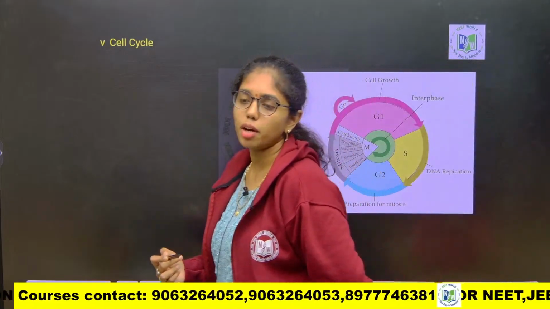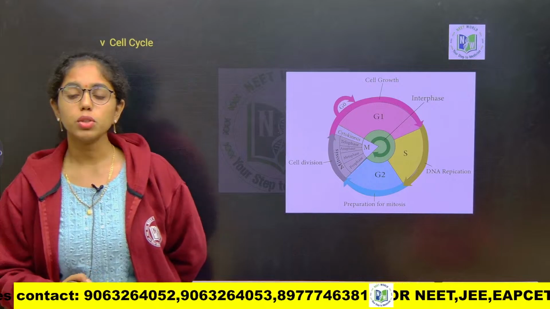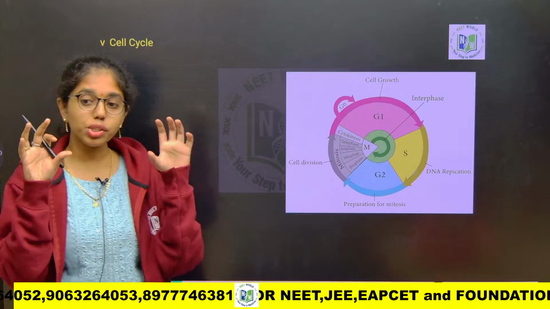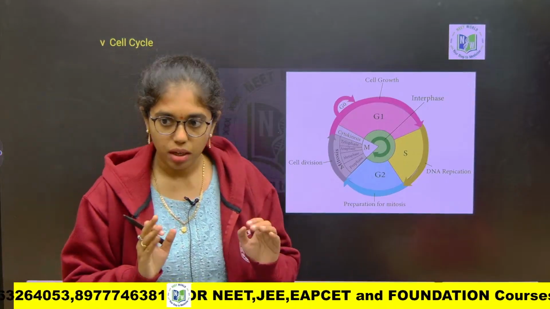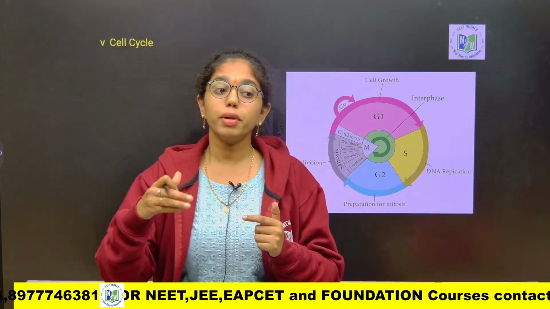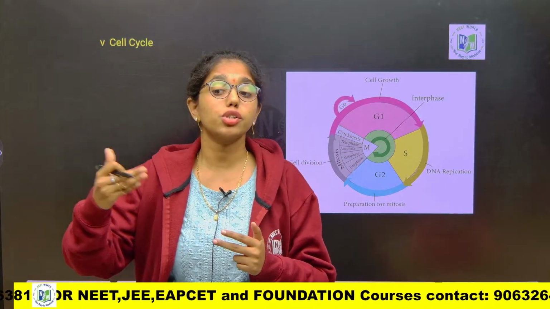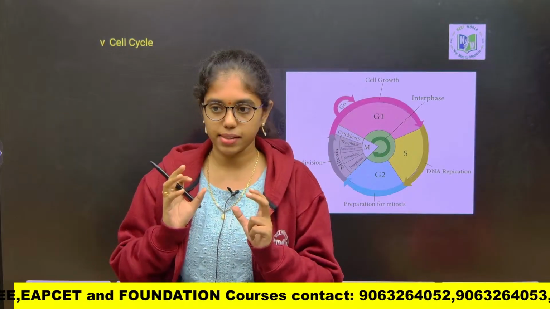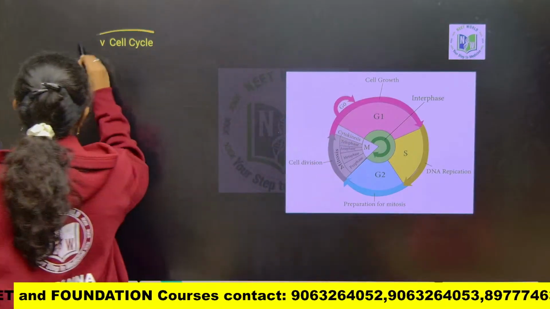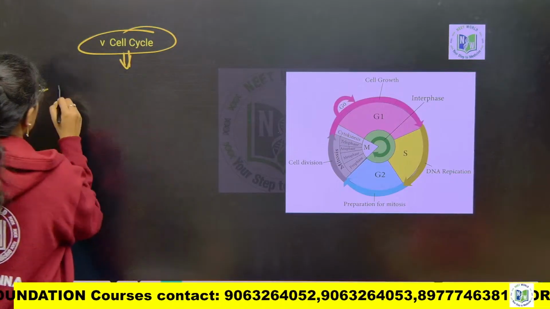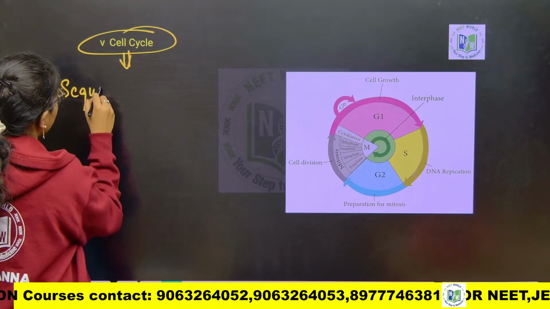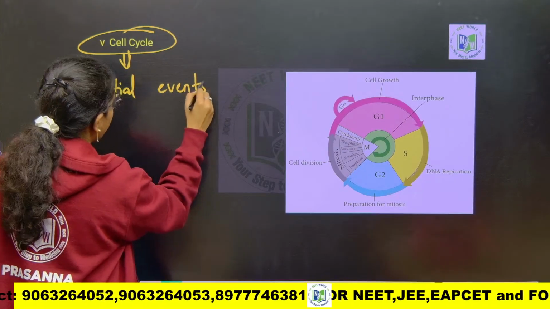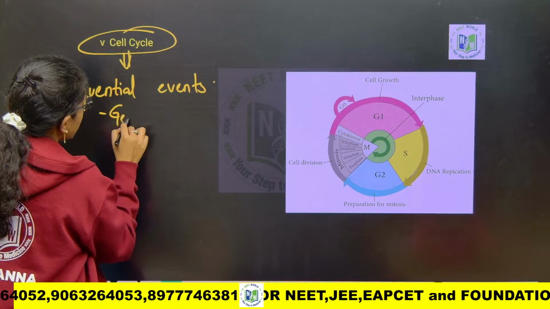What is cell cycle? Cell cycle is nothing but the sequential events that are happening in the cell, from genome duplication, duplication of cellular constituents, duplication of different organelles, and thereby producing two daughter cells. First, it is sequential events involving genome duplication.